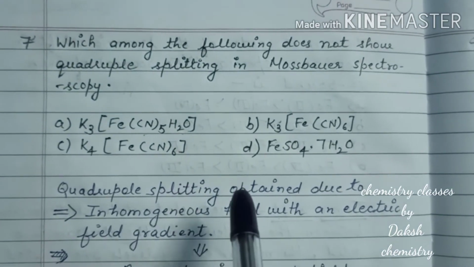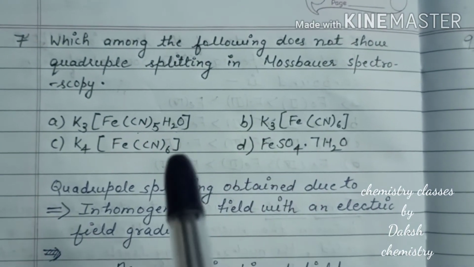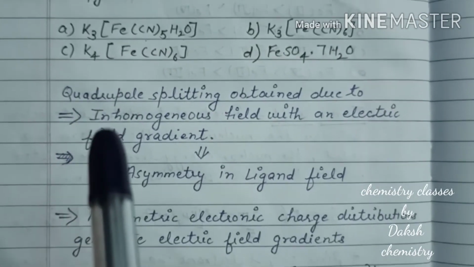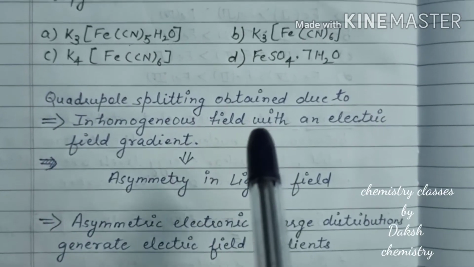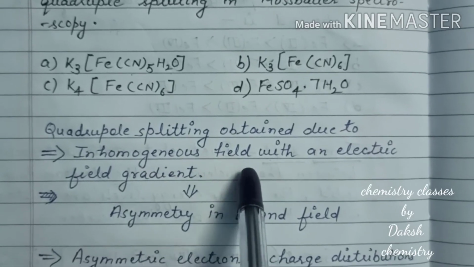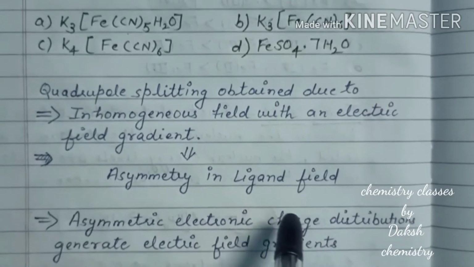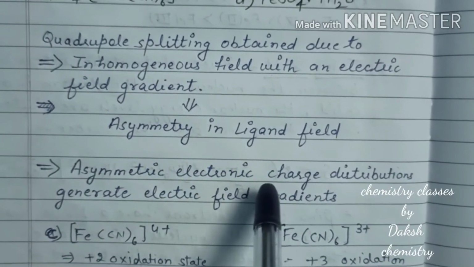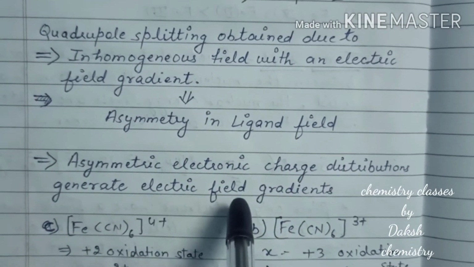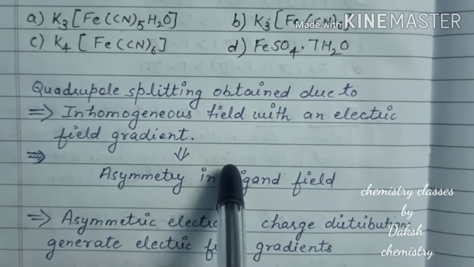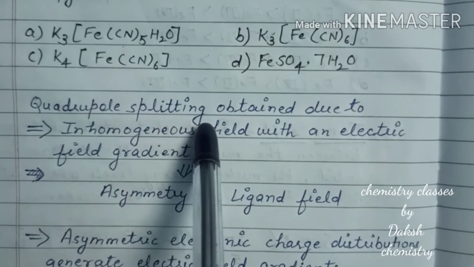It is obtained due to 2 reasons: an asymmetrical ligand environment and an asymmetrical electronic environment. An inhomogeneous field with an electric field gradient, that is asymmetry in the ligand field or asymmetric electronic charge distribution, generates the electric field gradient. These 2 are the main reasons for quadrupole splitting.